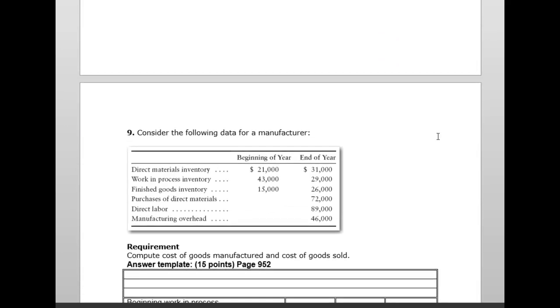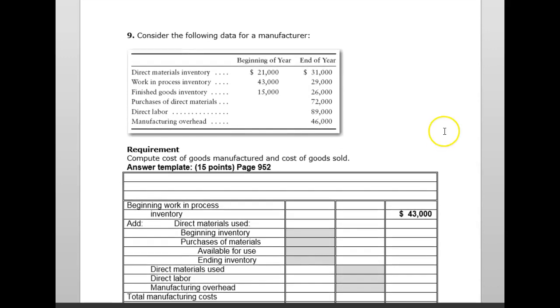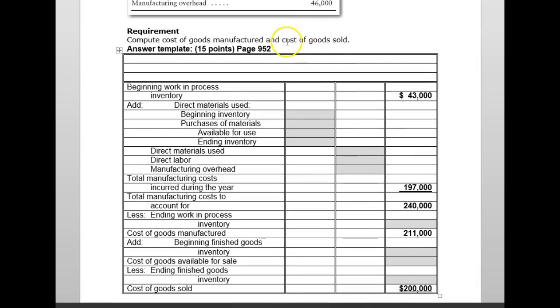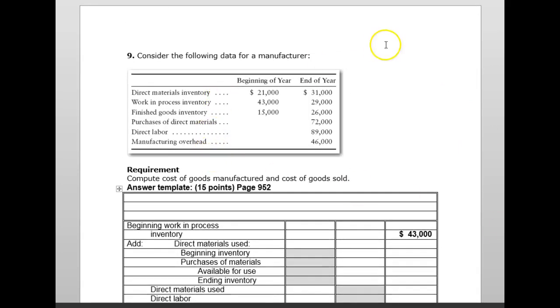And finally, on the very last one, we're going to consider the following data, and you're going to create a cost of goods manufactured and cost of goods sold together. And you'll find an example of that on page 952. Again, all of your information is up here.